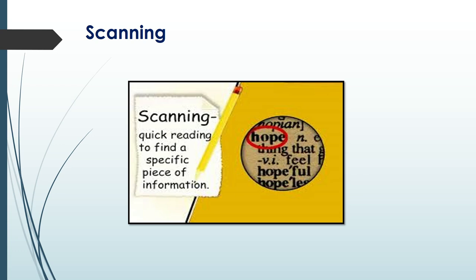For example, if we have to find the meaning of the word accessory, we will not look at anything before and after it. We quickly try to find a double c, then a-c-c-e-s-s-o-r-y, and the moment we find it, our eyes focus, because the rest of the things we just skim.